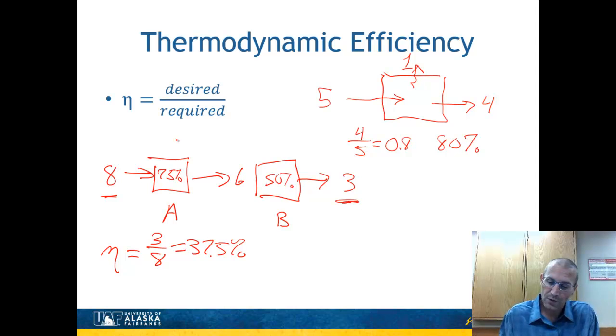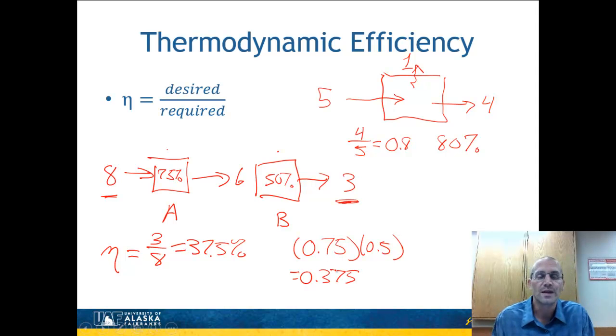If you look at the two efficiencies I have, 75% and 50%, if I multiply those two by each other, 0.75 by 0.5, I would realize that is equal to 0.375, or 37.5%. So if I want to look at a system, or a series of several systems, the overall efficiency, I multiply the efficiencies together. For example, η_A times η_B would end up being the overall efficiency.